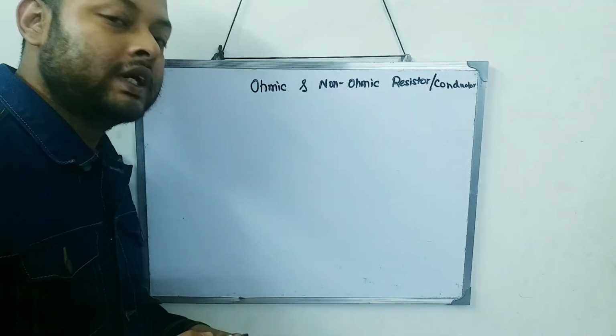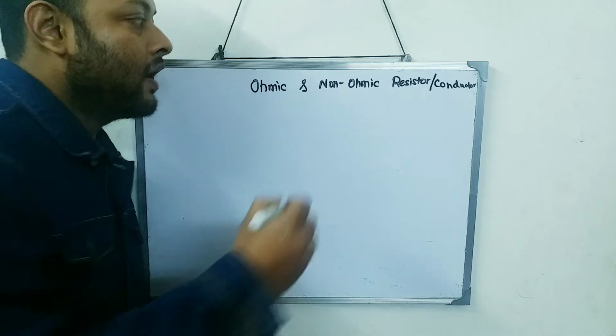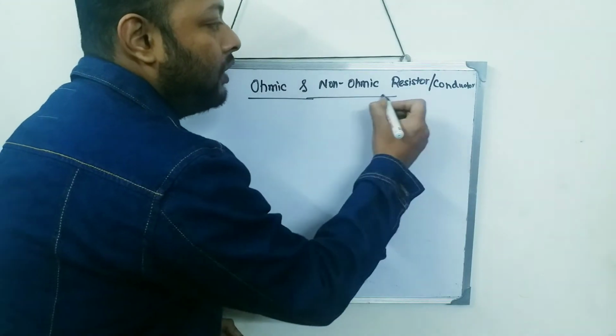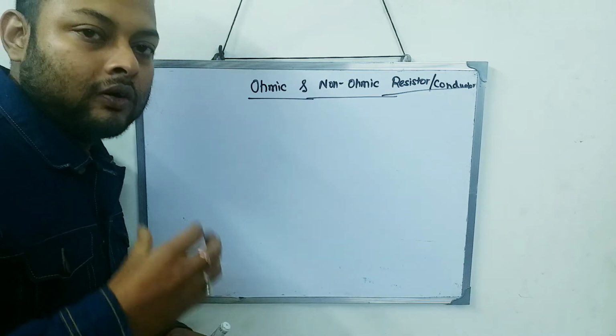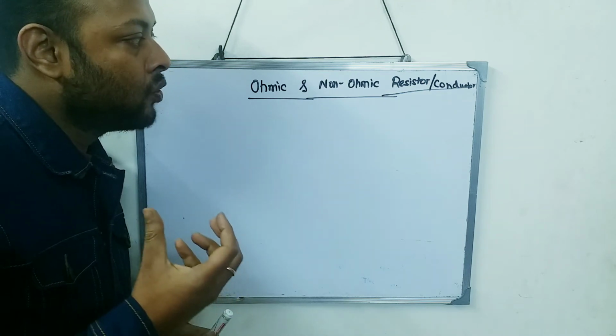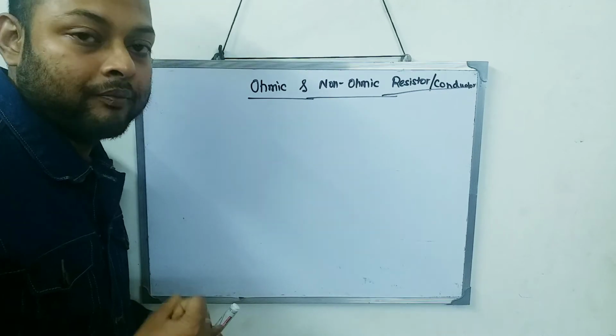So it can also be said as ohmic and non-ohmic resistors or conductors.